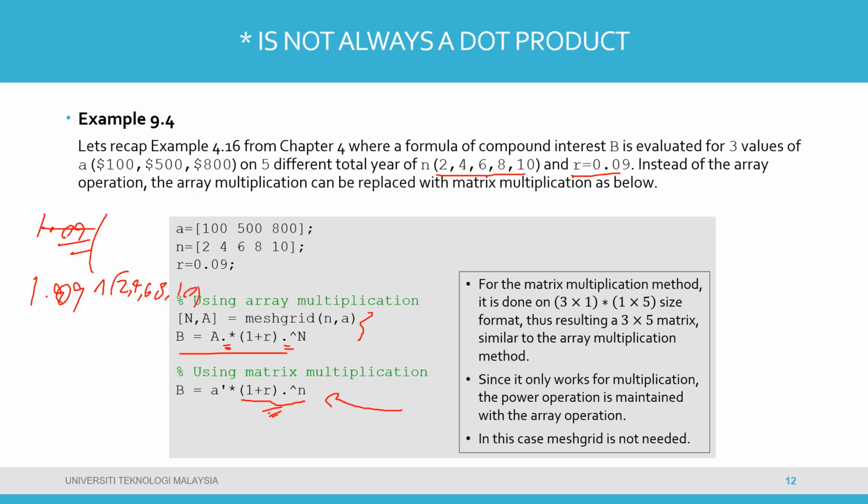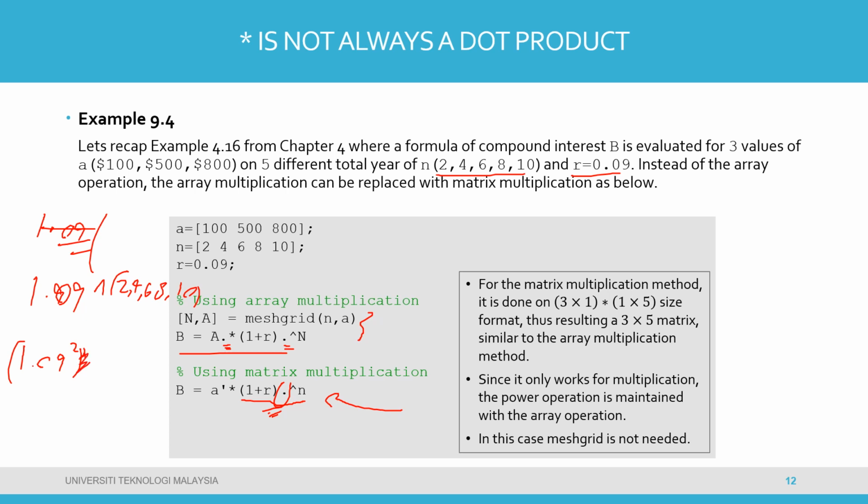So basically you have multiple answers. Why? Because you use an array operation. So you have 1.09 power of 2.